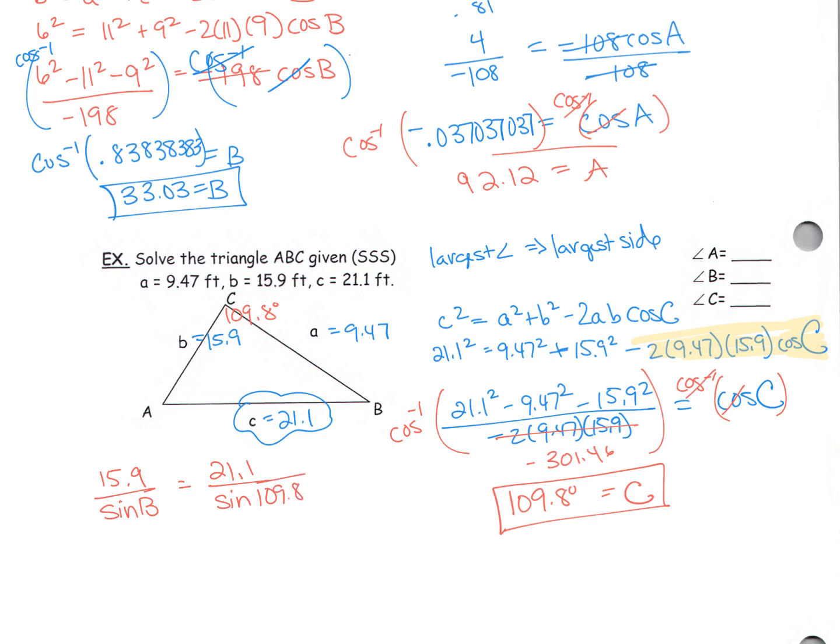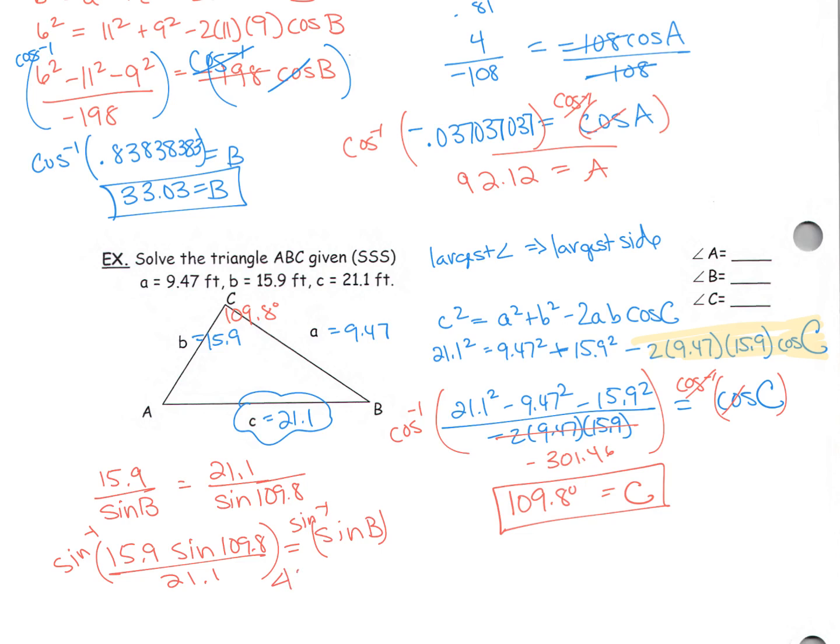And now I'm going to have my 15.9. I'm going to multiply my sine of 109.8 over. I'm going to divide my 21.1 over. And I'm going to multiply my sine B to the other side to get it up and out of the denominator. So I'm going to put that all into my calculator. And then I'm going to do sine inverse of both sides to get the B by itself.